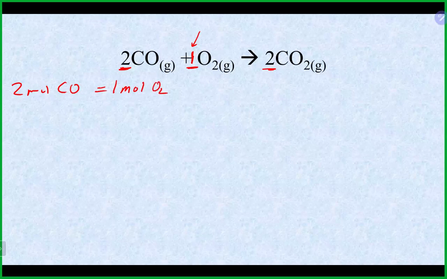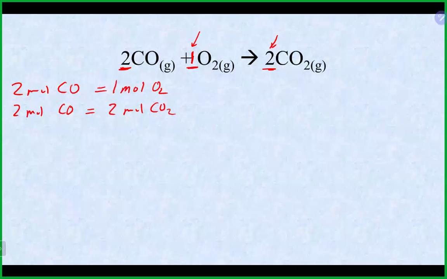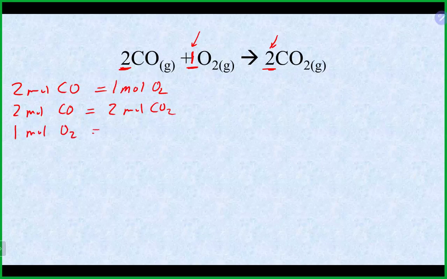And again, that is nothing more than just the coefficients. I could also say for every 2 moles of CO, I can get out 2 moles of CO2. Now I could also say for every 1 mole of O2 I put in there, I get out 2 moles of CO2.